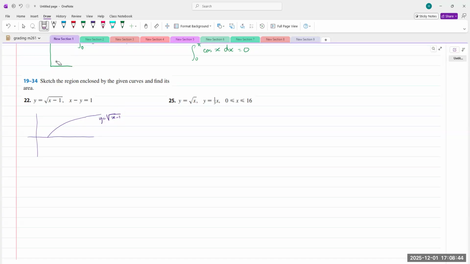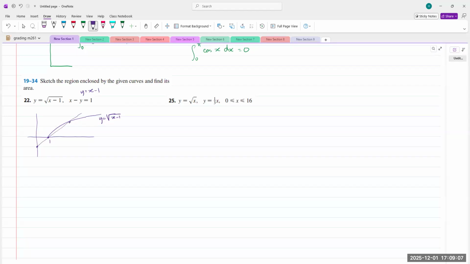Now, x minus y equals 1. So x equals 1, y equals 0. Oh, this is y equals x minus 1, huh? So it actually looks like this.